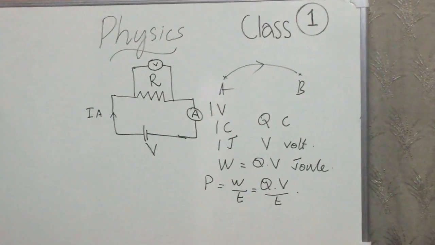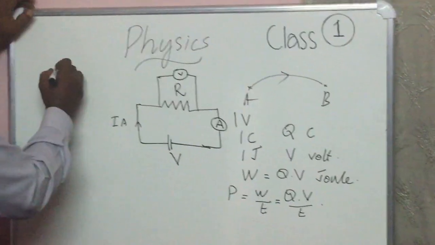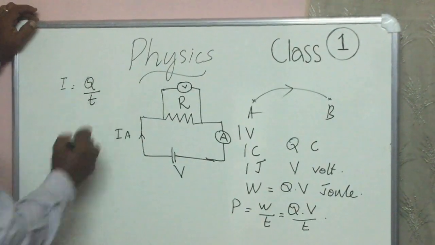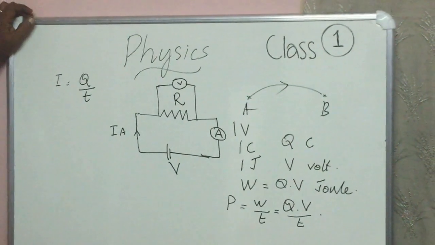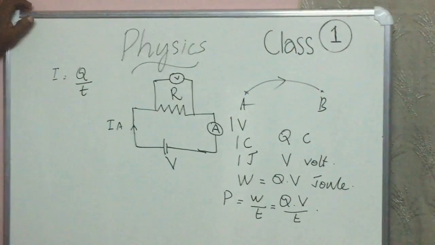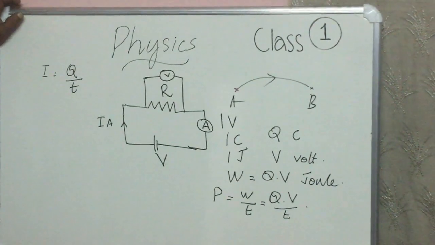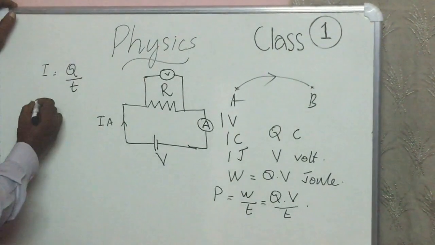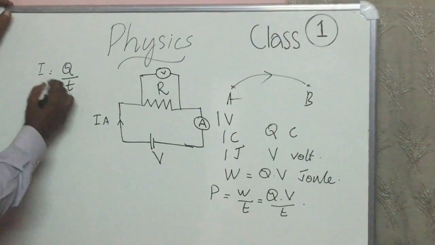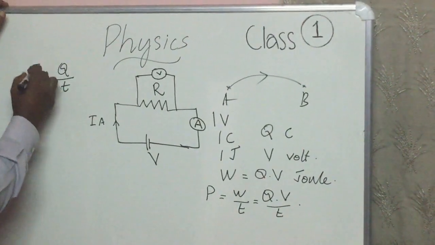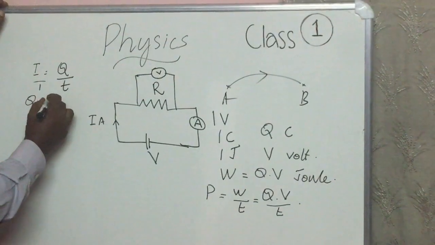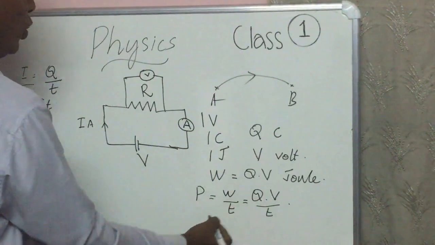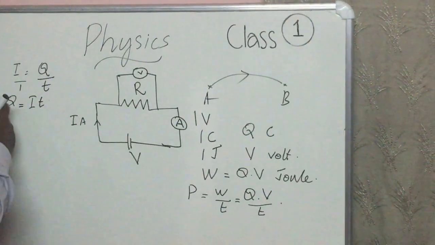Yet another relation: I is the rate of flow of charge, that is I equals Q by t, where t is time in seconds, Q is charge in coulomb, and I is current in ampere. Cross multiplying, we get Q equals IT.